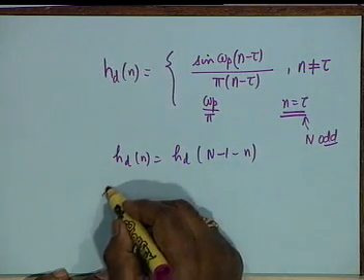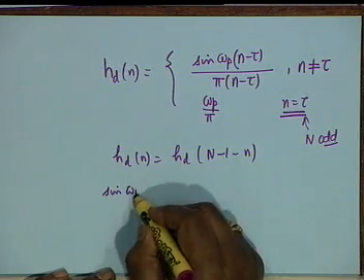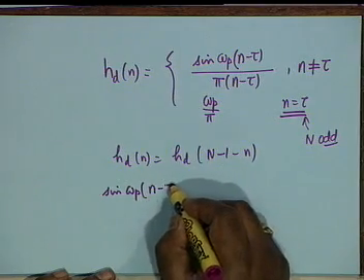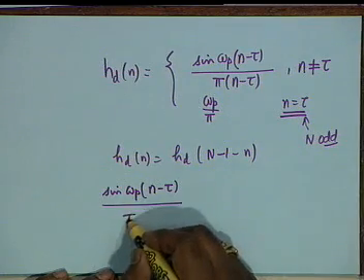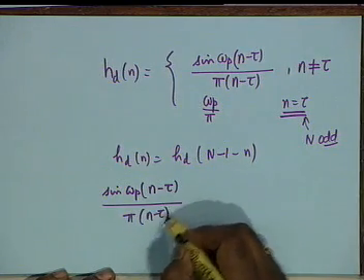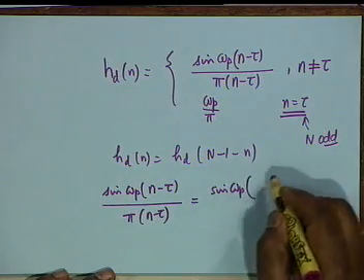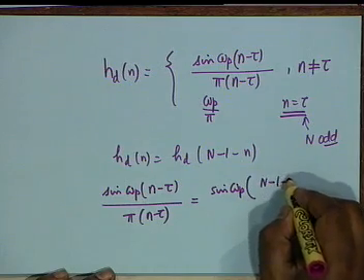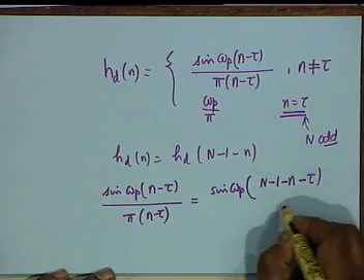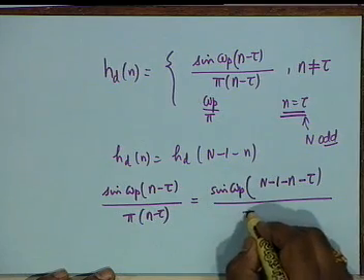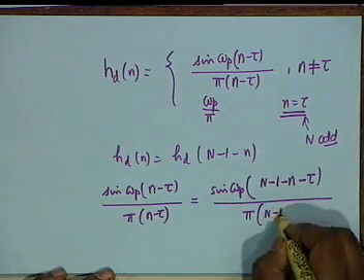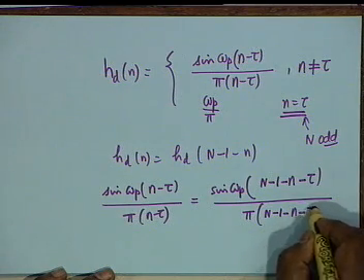Therefore, sine of omega p times n minus tau divided by pi times n minus tau should be equal to sine of omega p times n minus 1 minus n minus tau divided by pi times n minus 1 minus n minus tau.